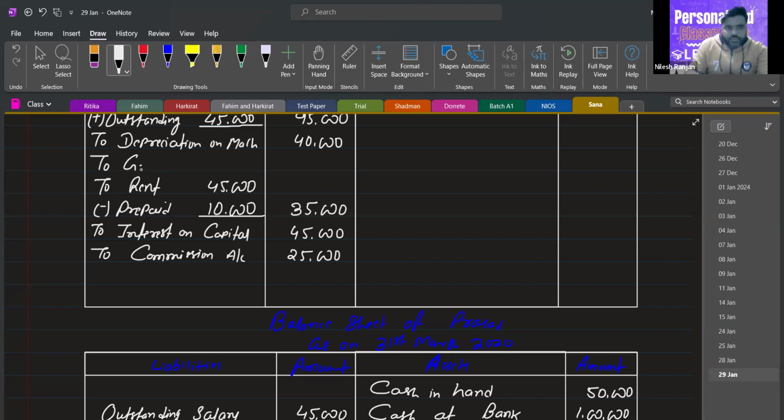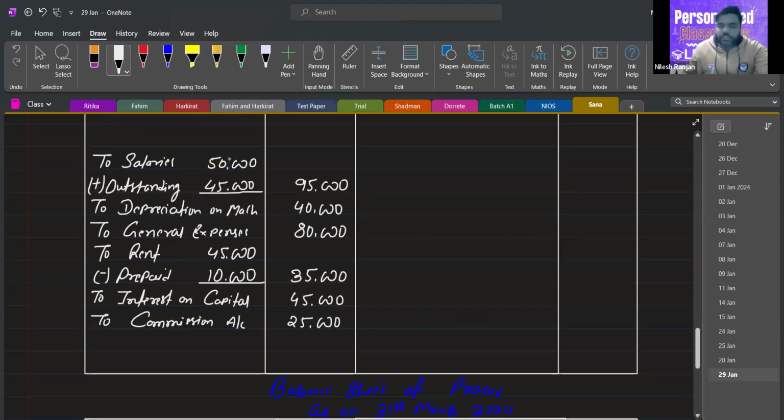To general expenses, general expenses is 80,000. Salary we have already covered, included.